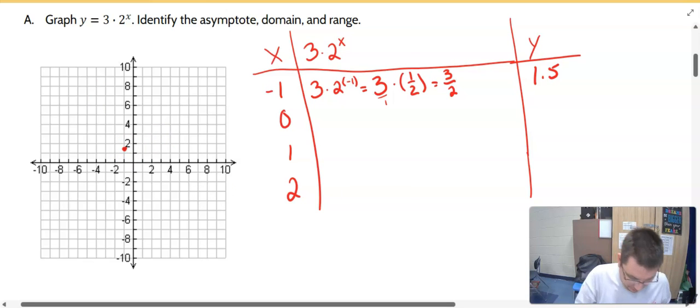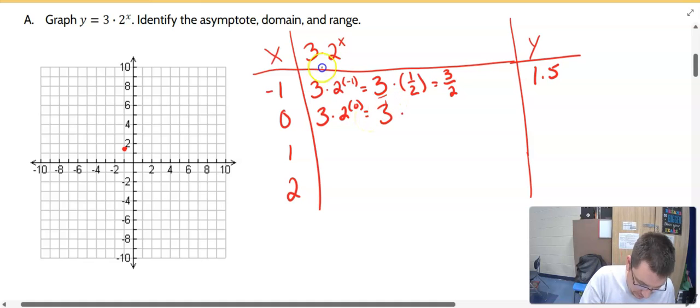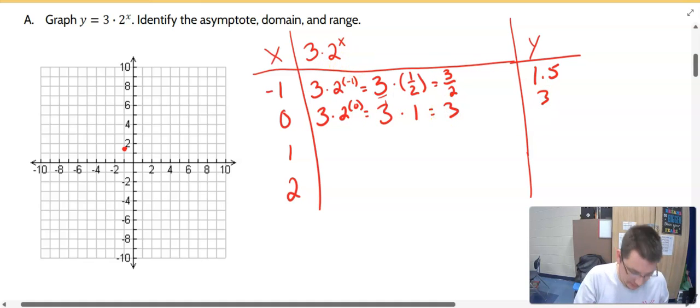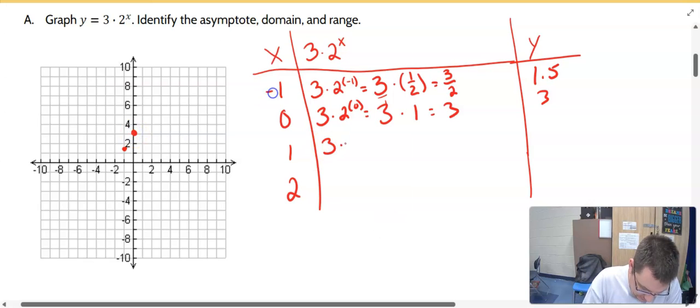Okay. So let's look at 0. 3 times 2 to the 0. Well, remember that anything to the 0 is 1. So 3 times 1 is just 3. So we get the ordered pair 0, 3. Okay. Let's look at 1. 3 times 2 to the first.